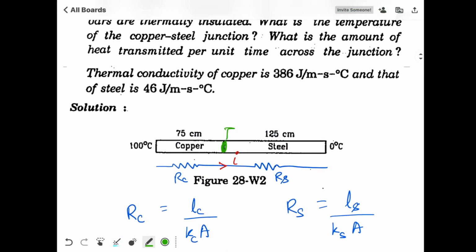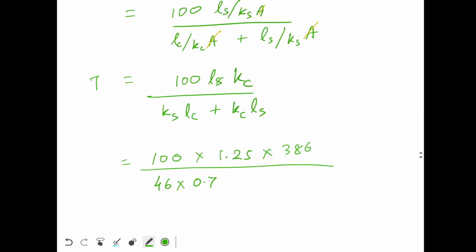So Ks will be 46, Lc is 0.75 plus Kc is 386 into Ls, which is again 1.25. So when you simplify this, this will come out to be equal to 93.3 degrees Celsius.